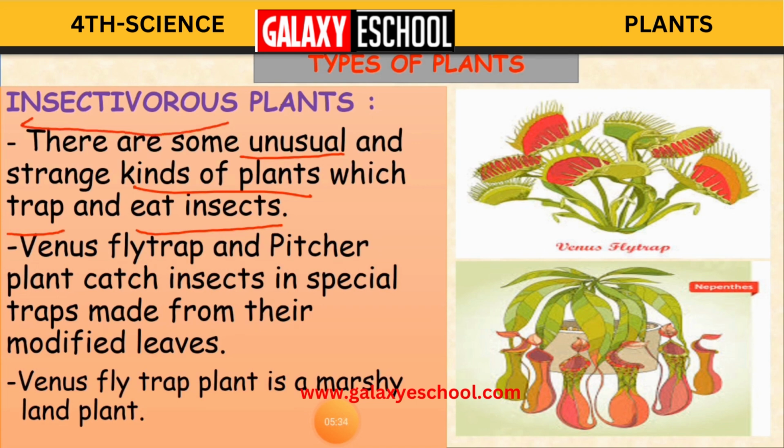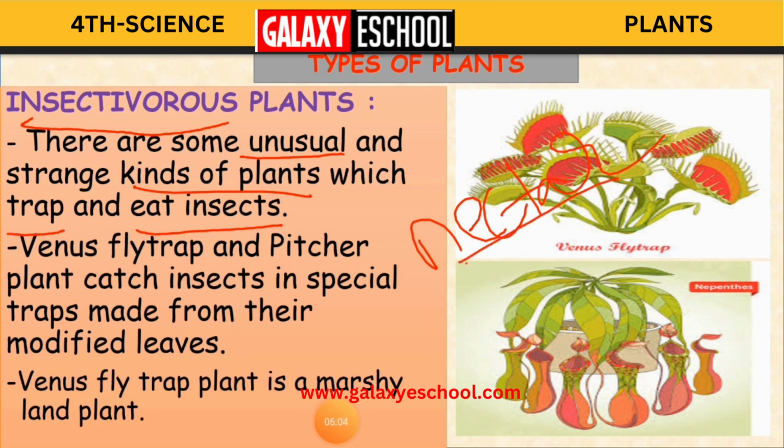Clear, children? Understood why they are unusual? They are not taking normal food as the other plants do. These plants are taking insects as their food. They are eating insects, so that is why they are called insectivorous plants. And how are they taking insects? In the sense, actually they have got a nectar, a sweet nectar, sweet like sugar.